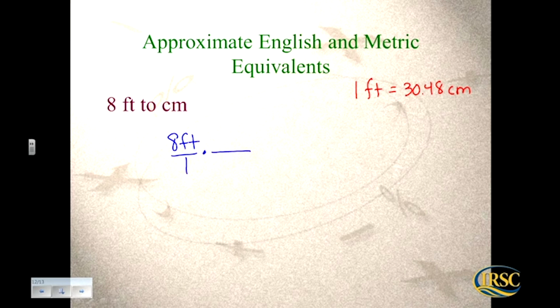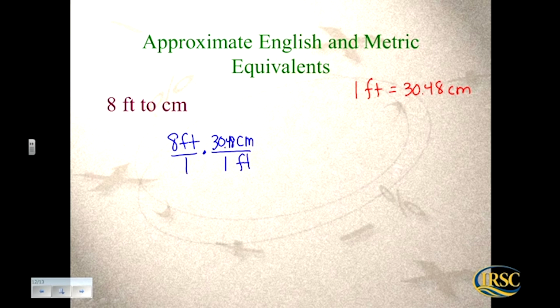And now we need to make our unit fraction for what we know about feet and centimeters. Okay, so where should I put my units? Okay, feet on the bottom, so therefore that leaves centimeters to the top. Okay, because you're always going to go diagonal with what you start with. So filling in our numbers, we've got 30.48 over 1.